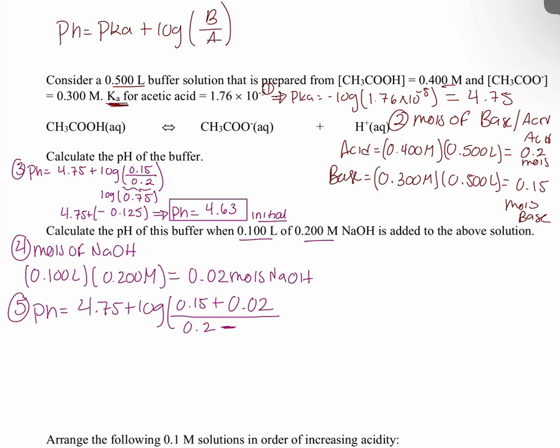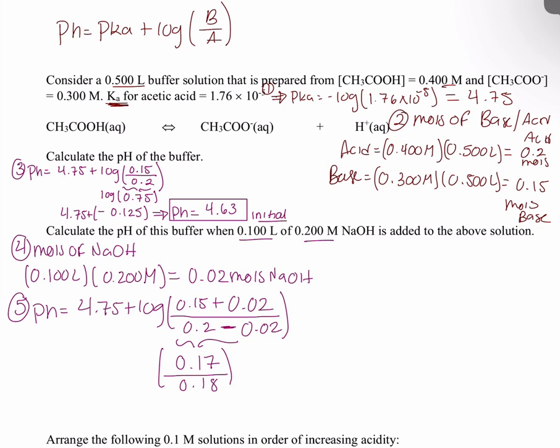Nothing has changed, 0.02. So I'm just going to do the math in the parentheses first, as always. So 0.15 plus 0.02, which is 0.17, over 0.2 minus 0.02, which is 0.18.